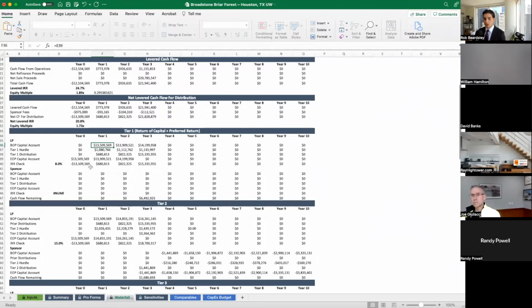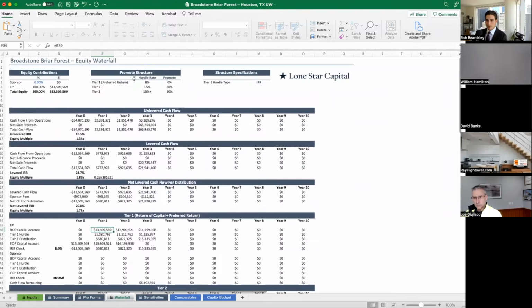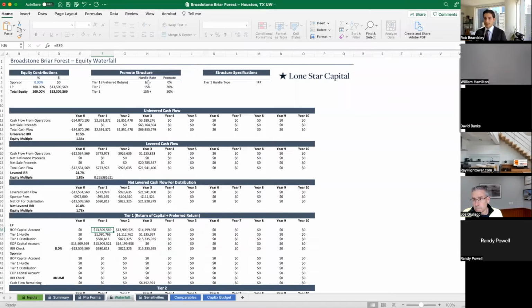Now, what are they owed on that $13.5 million? Well, going back to our promote structure, of course, they're owed that 8% preferred return. That doesn't mean they are owed it necessarily in cash flow, and that doesn't mean that the deal is going to pay it in cash flow, right? Preferred return doesn't correlate to cash flow.